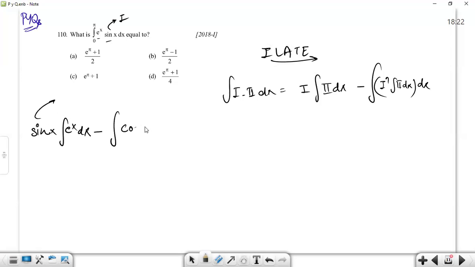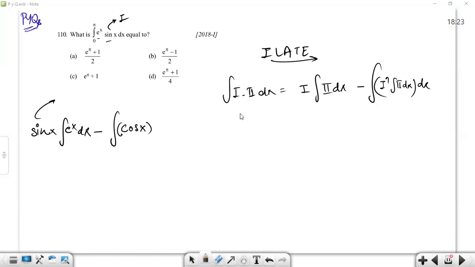Differentiation of sine of x is cos of x. Come on, tell me the sign, whether it will be plus cos x or minus cos x. Plus.